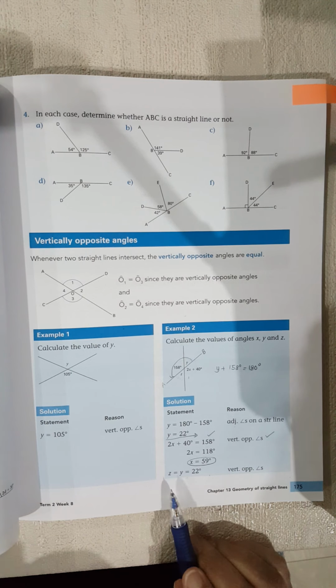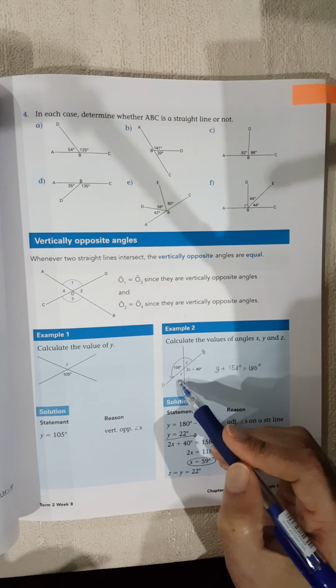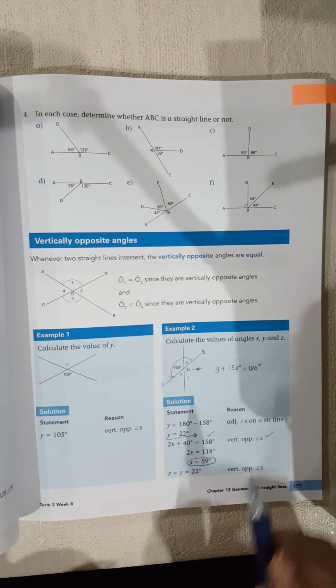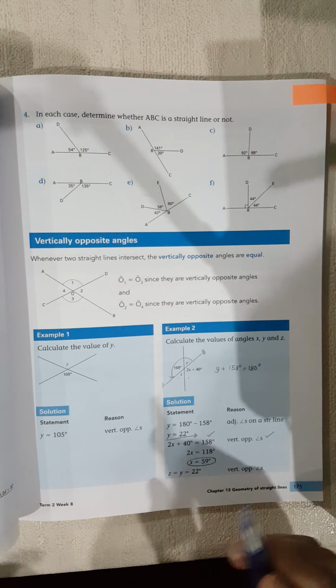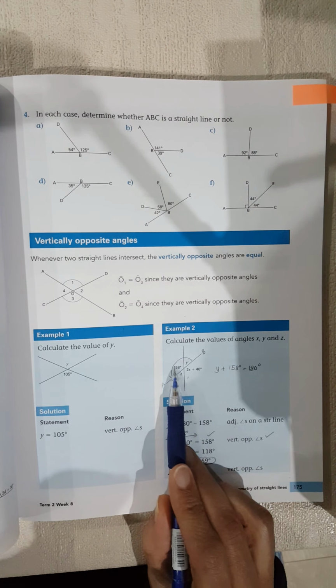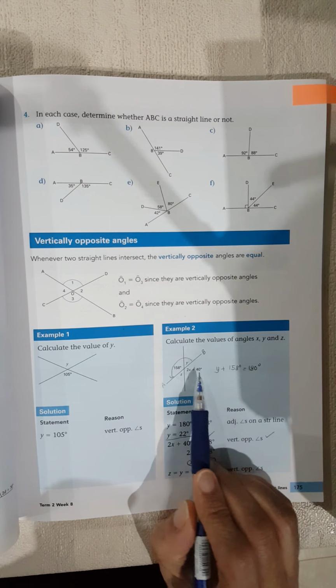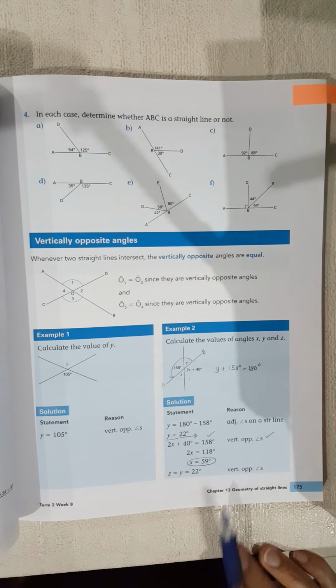Can you see? Then because z is equal to y, where we said z and y are vertically opposite angles, both would be 22 degrees. So can you see how we use two rules in this question here? Vertically opposite angles first, so we calculated x, then we used angles on a straight line to calculate y.